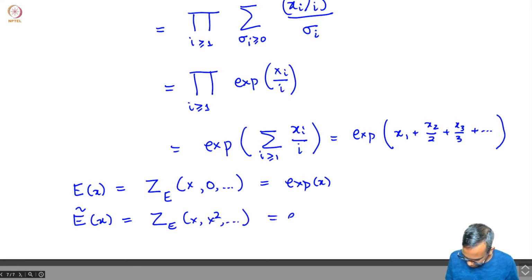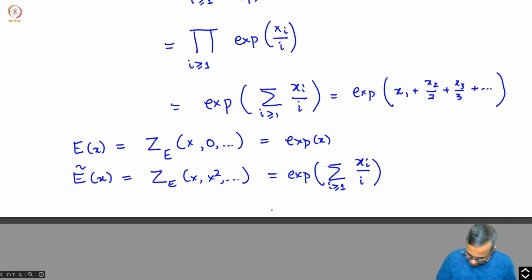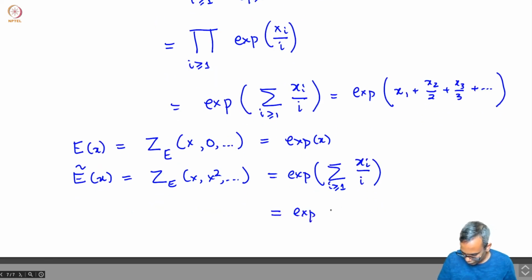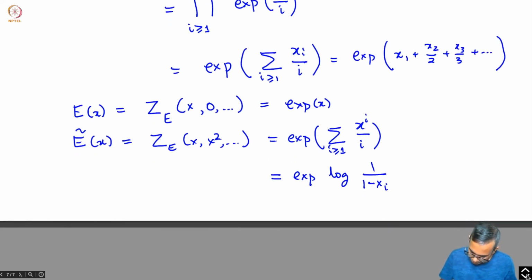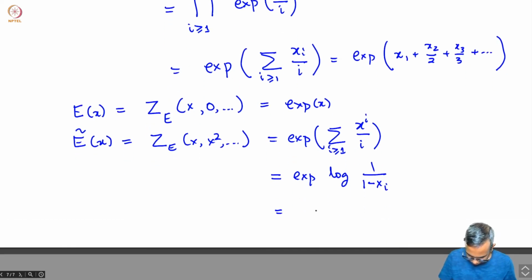So this is exp of summation i greater than or equal to 1 of x to the power i by i, which is the same as exp of log of 1 over 1 minus x, which is just 1 over 1 minus x.